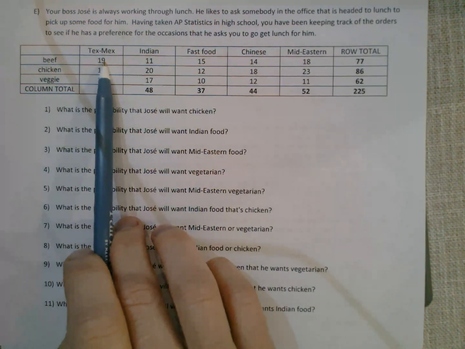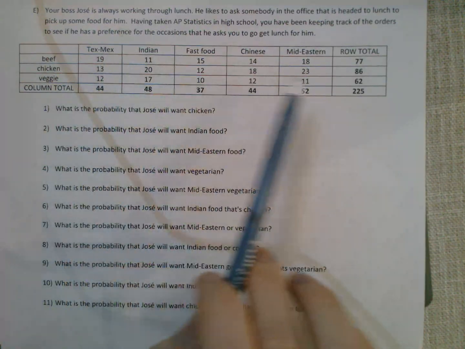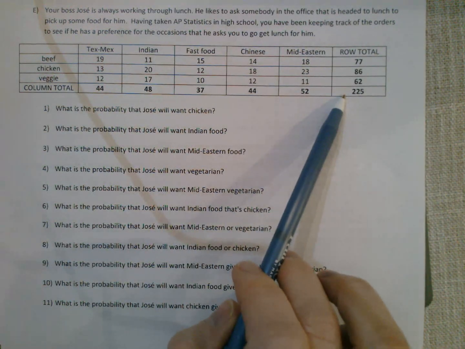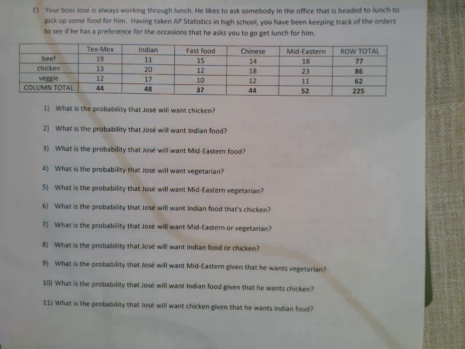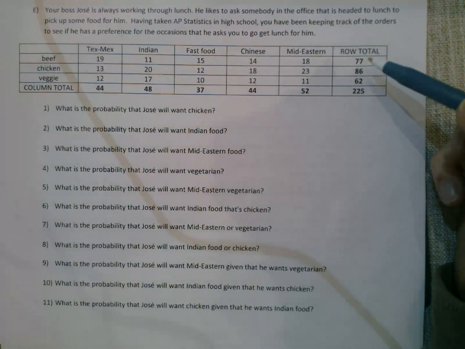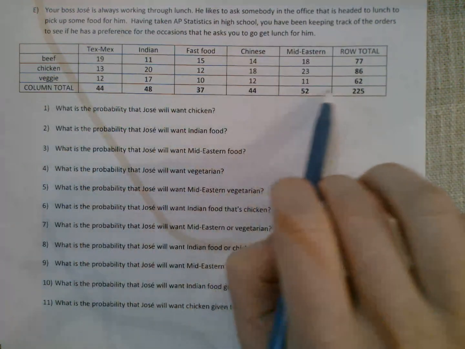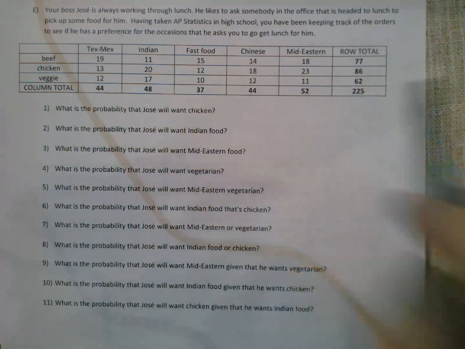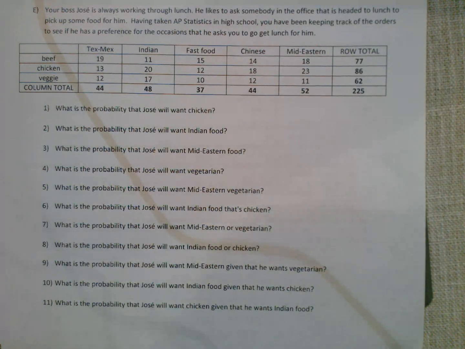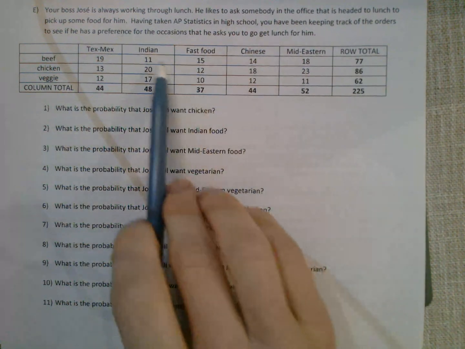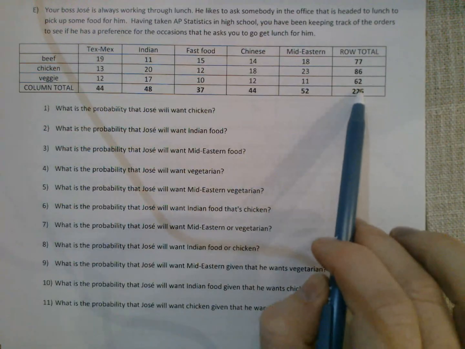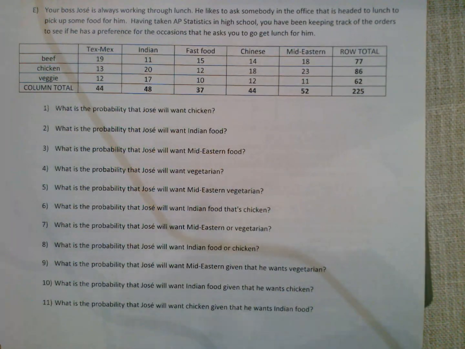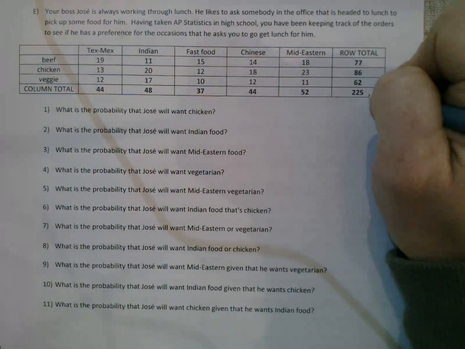So instead of being 19, this cell would be 19 out of the grand total 225, and it would be converted most likely to a decimal. This two-way table actually does display the totals. That's not always the case. Sometimes you have to find the column totals and the row totals as well as the grand total on your own. So just be aware that sometimes they're there, sometimes they're not. And of course, if this was a two-way table with probabilities instead of counts, this grand total would always be 1. I'm going to go ahead and label that as our grand total.